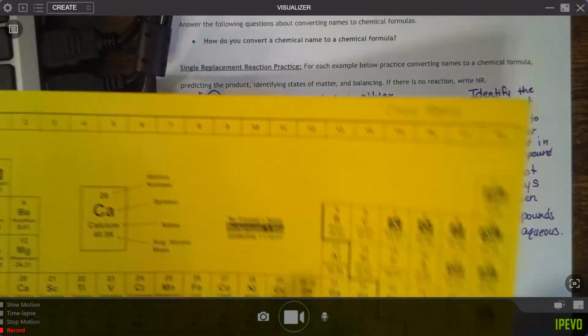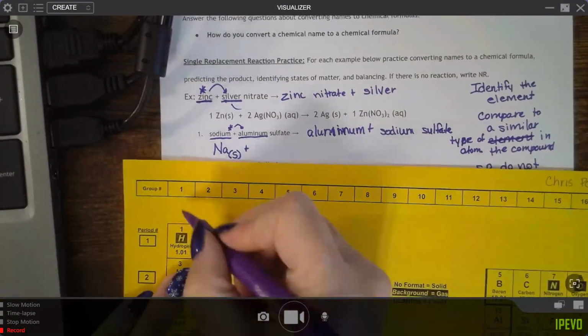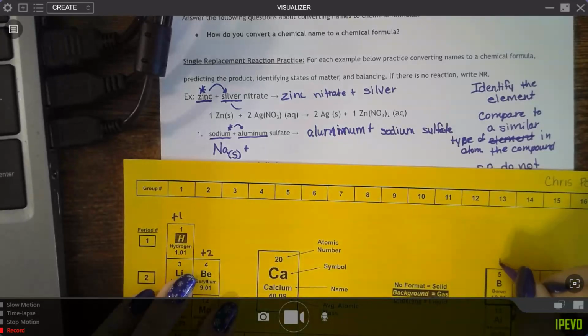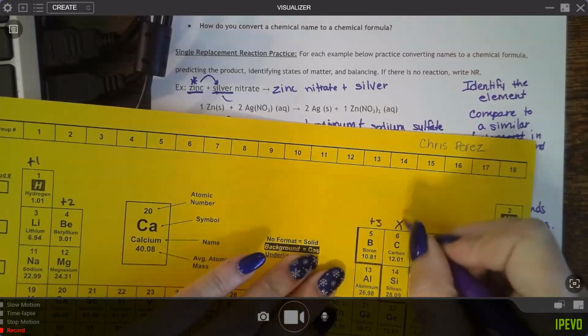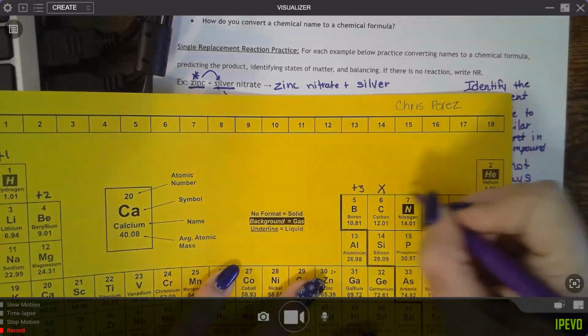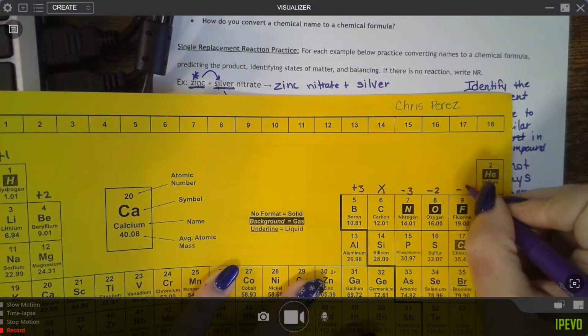Remember, when we have a compound, we have to look at charges. Okay, so remember, group 1 is +1, group 2 is +2, group 3 is +3. Group 4 we don't see very often. It would be plus or minus 4. Then -3, -2, -1.